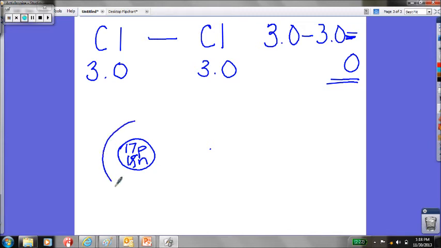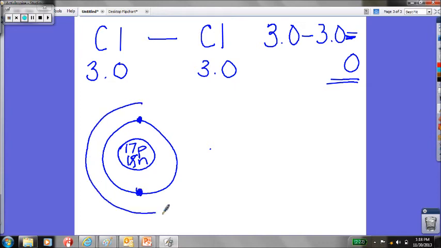My first 2 electrons are going to go in the first energy shell. 1, 2. Then I'm going to need another energy level because I need to have 17 electrons. So here's 3, 4, 5, 6, 7, 8, 9, 10.